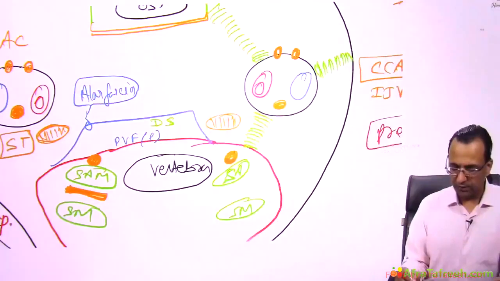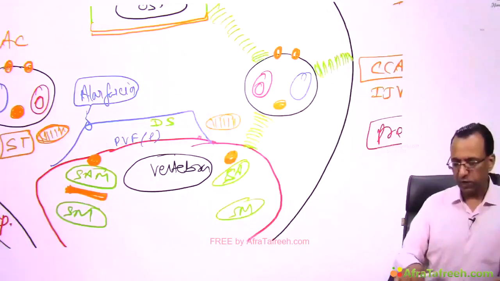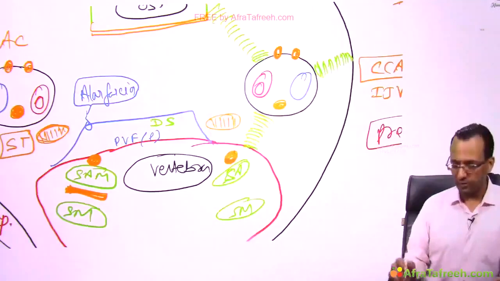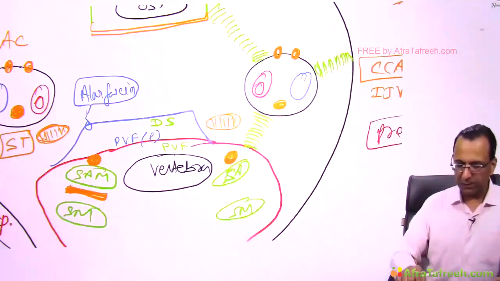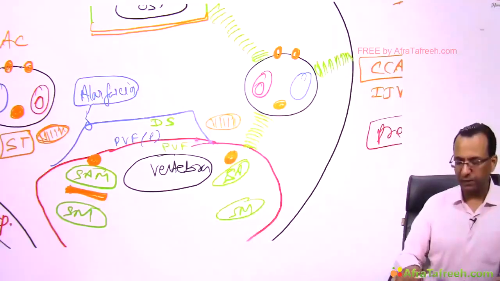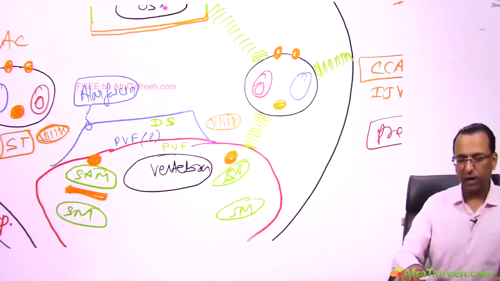Now this is the danger space, which is due to splitting of the prevertebral fascia into the anterior alar fascia and the posterior prevertebral fascia proper. Then what is the space in front of the vertebra? The space in front of the vertebra is the prevertebral space. So in front of the vertebra we have the prevertebral space, in front of that the prevertebral fascia proper, in front of that the danger space, in front of that the alar fascia part of the prevertebral fascia, and in front of that is some space behind the pharynx.